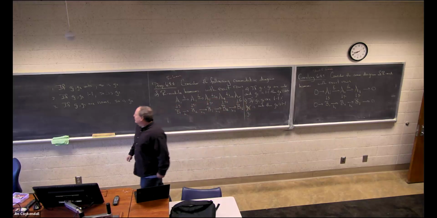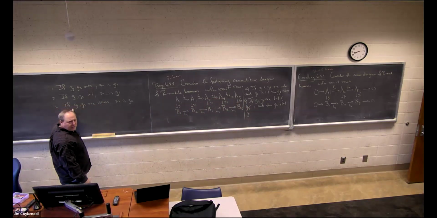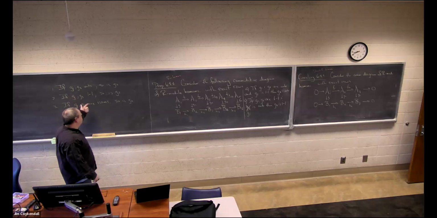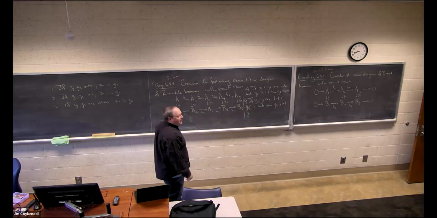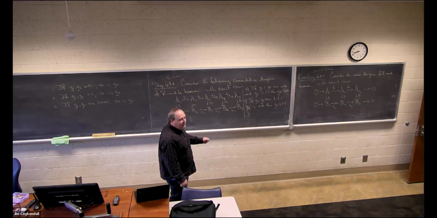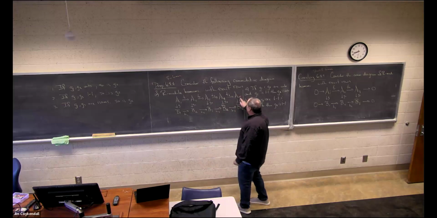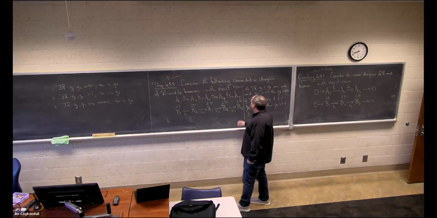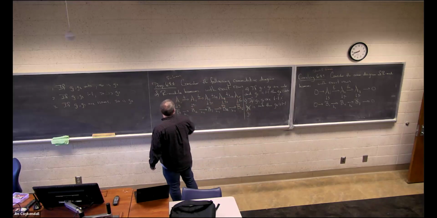Let me make a couple of remarks before I get rolling here. It's clear, isn't it, that 3 follows from 1 and 2, because isomorphism means both 1 to 1 and onto. Notice that this follows directly from the 5 lemma. It's an easy corollary to the 5 lemma, because in the short 5 lemma, these animals at the end are zeros.